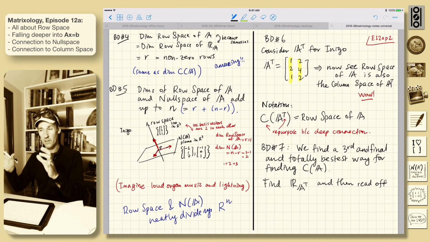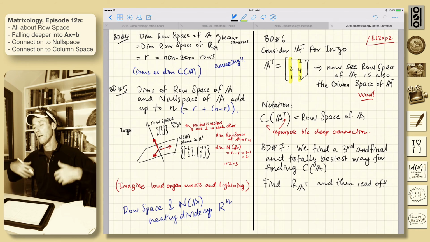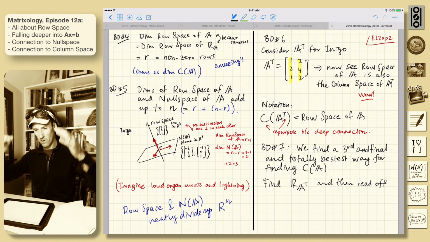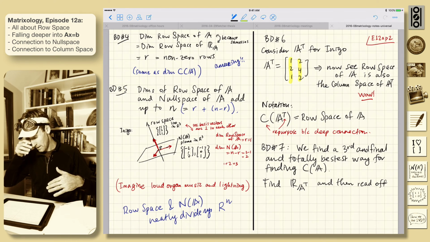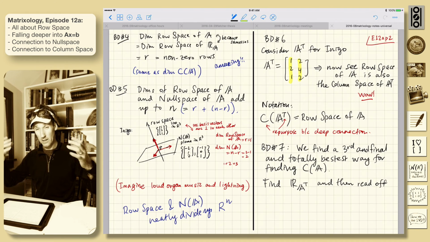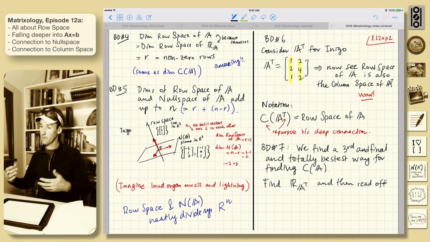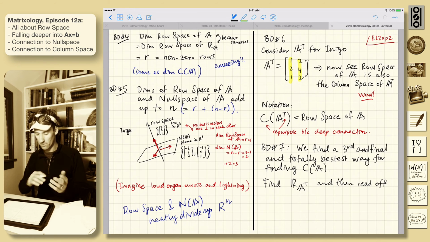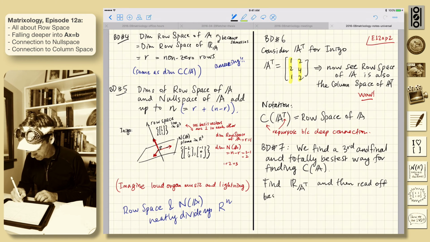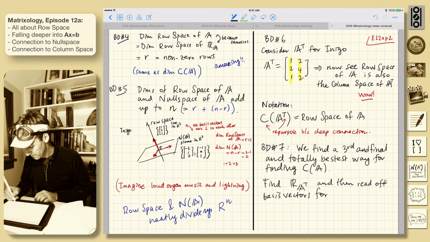Essentially we take the columns of A, flip them into rows, and do a row reduction, and that will give us a nice basis just sitting there. It is for the column space of A, because we turned columns into rows. Then read off basis vectors for the column space of A.